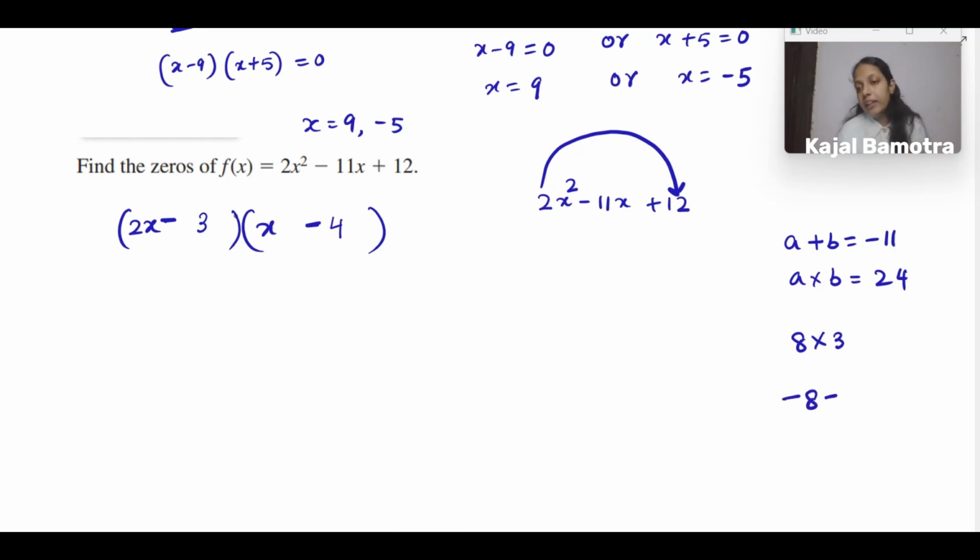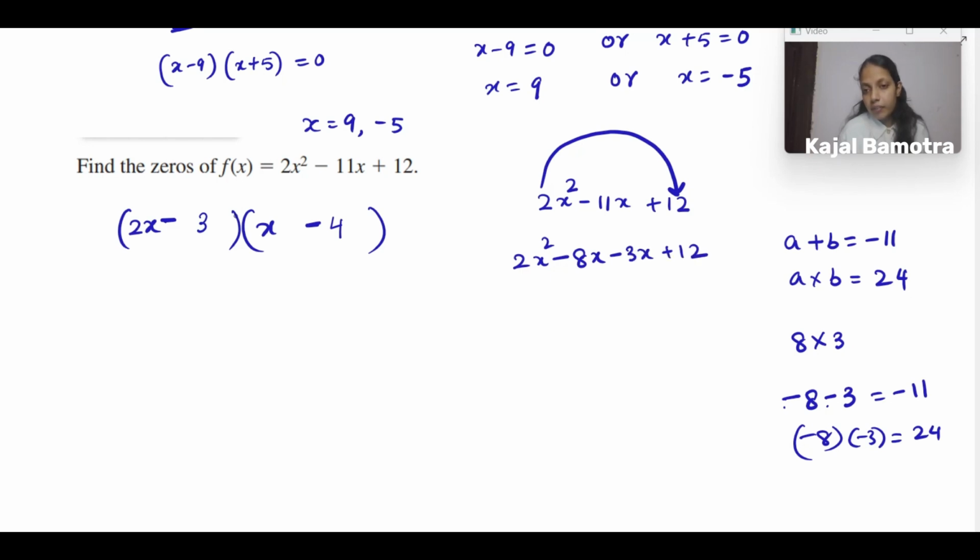So negative 8 and negative 3 gives you negative 11, and negative 8 multiplied by negative 3 is positive 24. Write it: negative 11x can be written as negative 8x, negative 3x, plus 12. Take 2x common, you are left with x minus 4.